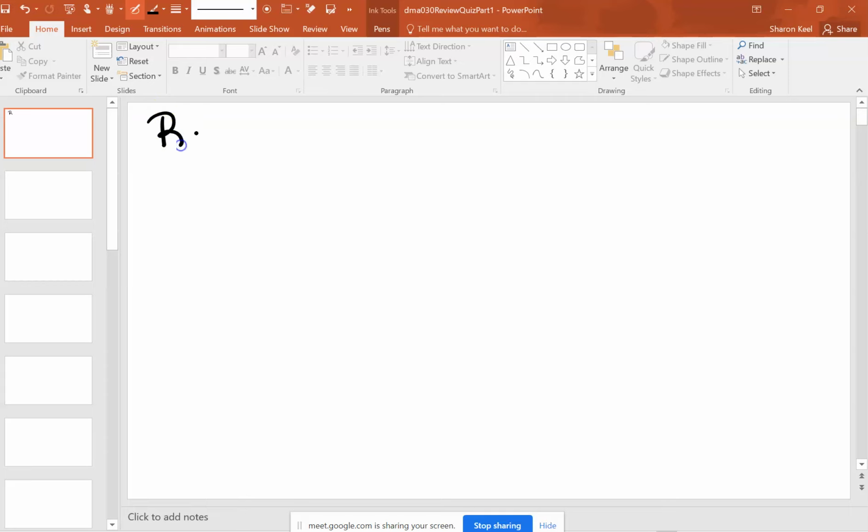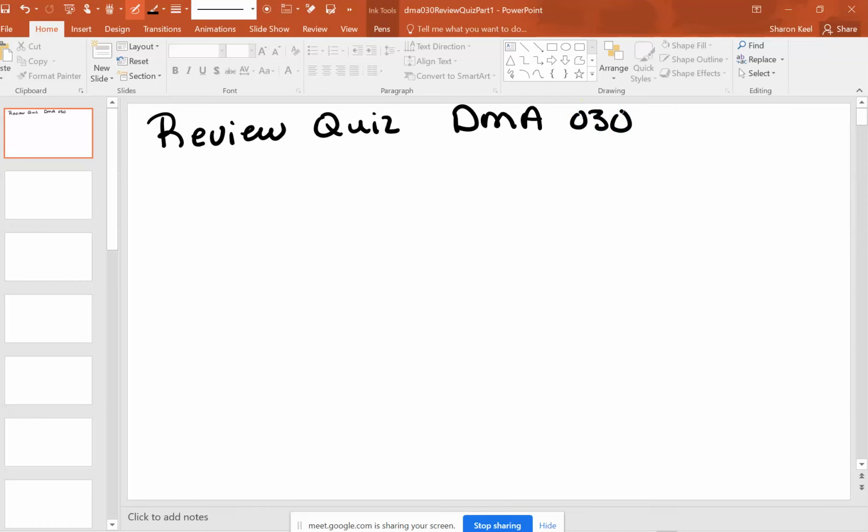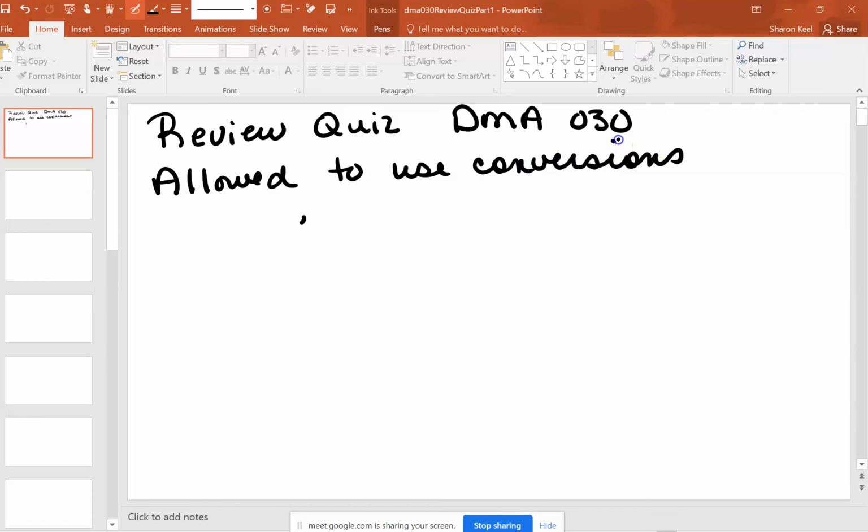We're going to be working with the review quiz for DMA30. When you take the quiz, you will be allowed to use conversions, so the conversions table for the measurements, and you'll be allowed to use the prefixes for the metric system.